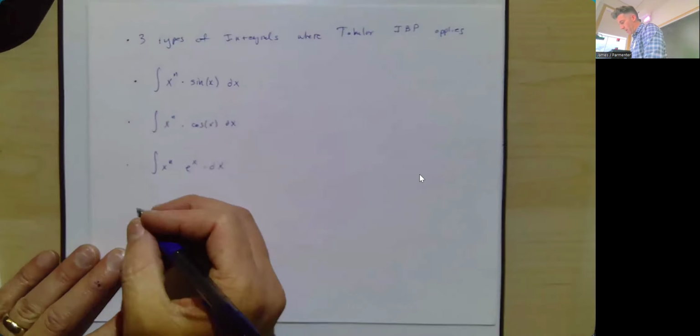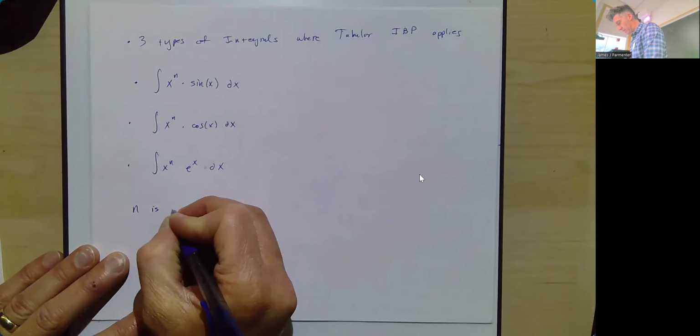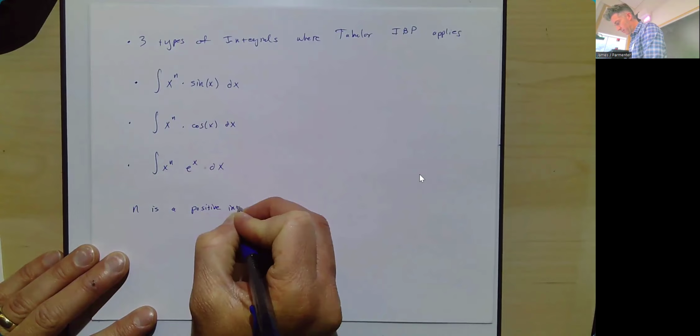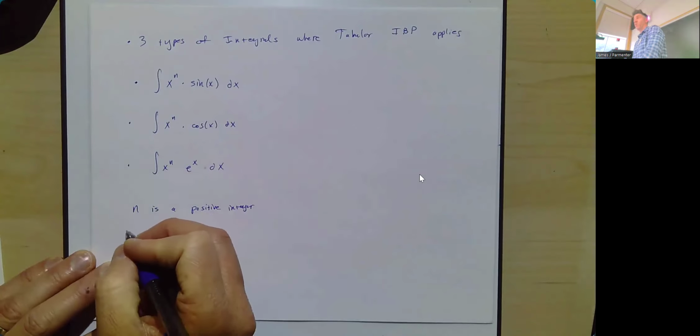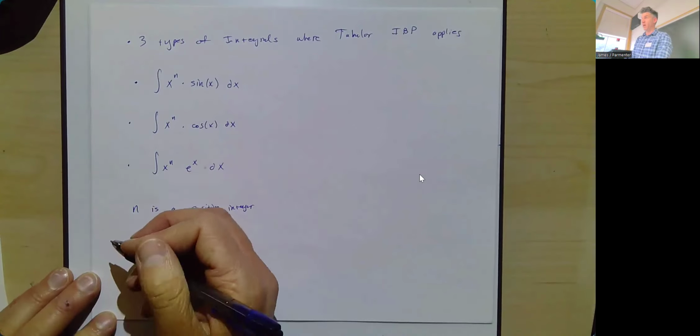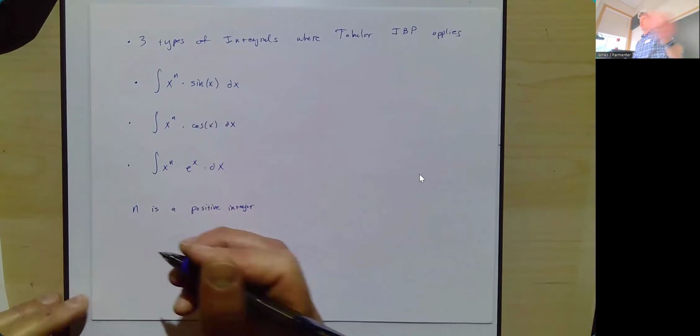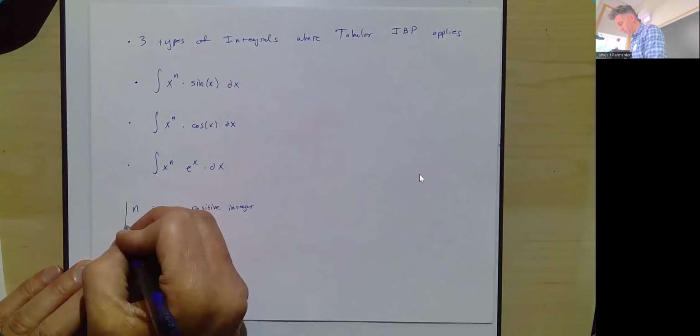One requirement: n must be a positive integer. So it can't be like the square root of x or x to the negative third. It has to be x to the positive 4, 5, 6, 7, whatever nice integer you like.